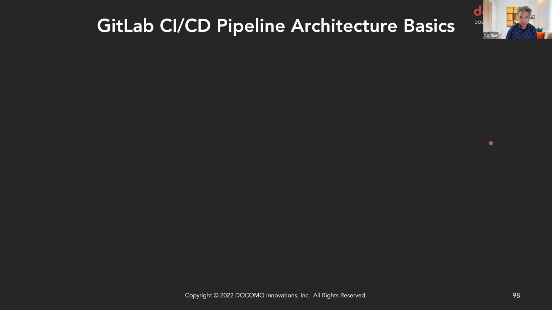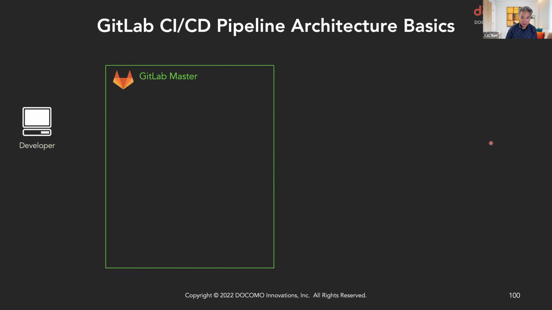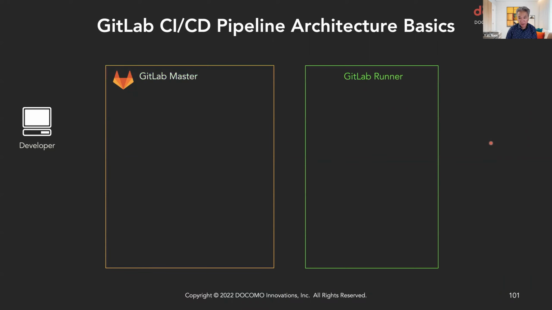By the way, here is the basic architecture of the GitLab CI/CD pipeline. We have the developers in our team, and the GitLab CI/CD pipeline consists of two parts. One is the GitLab master, hosted by GitLab as software as a service. The other is the GitLab runner.